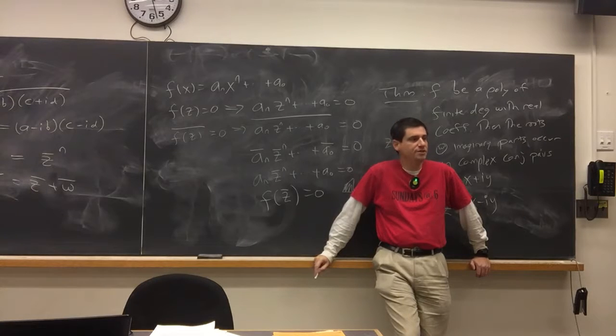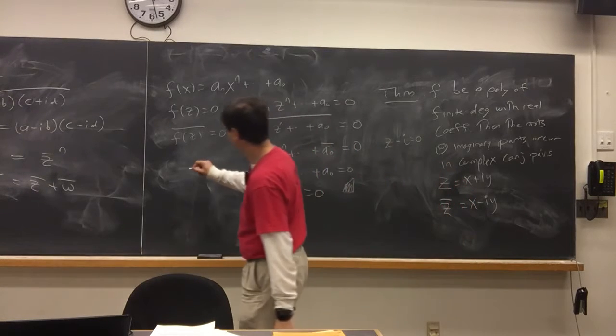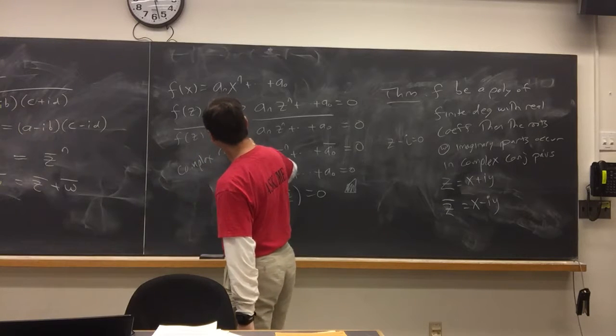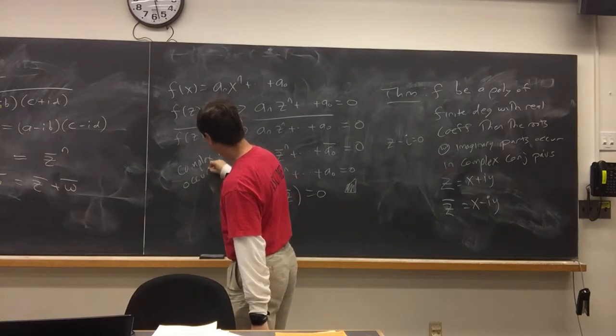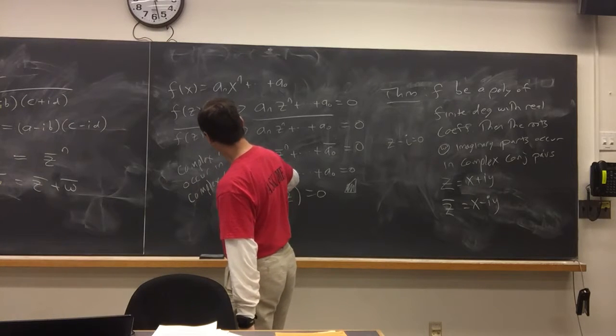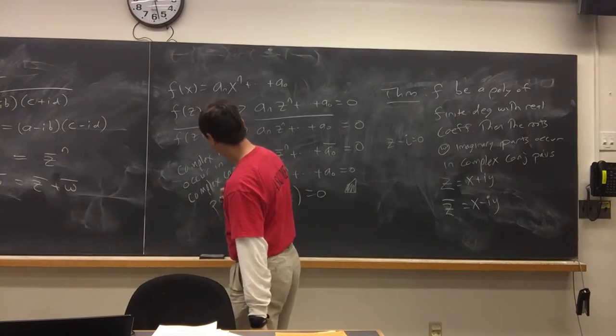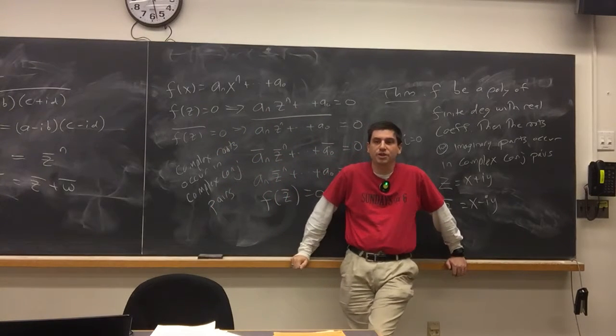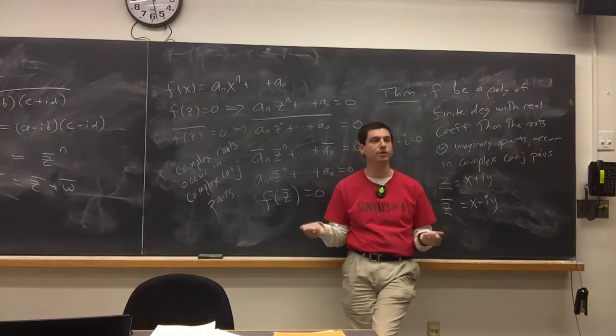So the way they typically say this is complex roots occur in complex conjugate pairs. Since I start off with a polynomial of degree 3, I could have 3 real roots.